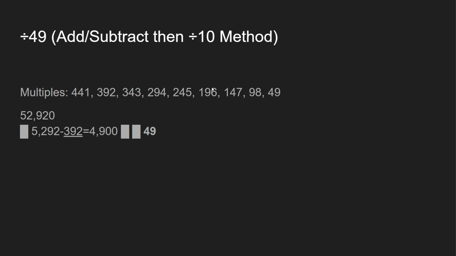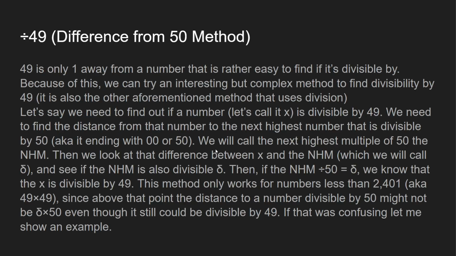Arguably, the most straightforward way of finding out is by dividing by 10, giving us this number, subtracting 392, giving us 4,900, dividing by 10 twice, 49. Obviously, 49 is divisible by 49. Boom, right?